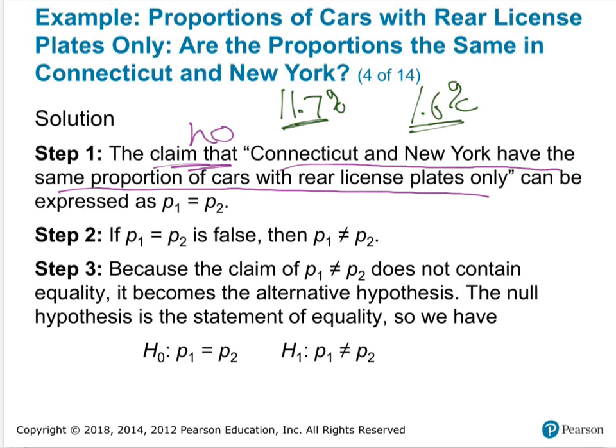This 11.7%, this isn't 11.7% of all the cars in Connecticut. No. Were you thinking that? No. That wasn't all the cars. That was just the whatever 2,000 in the sample. And this 1.6%, that wasn't for all the cars in New York. That was just from a sample of 550, I think, or whatever.